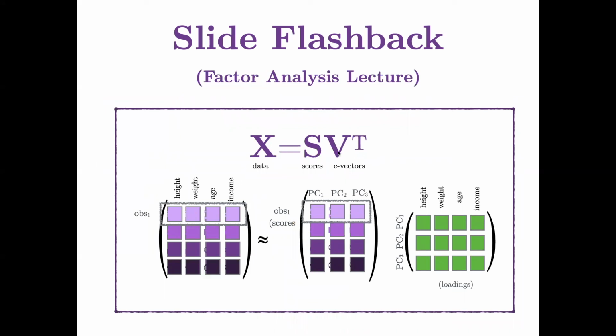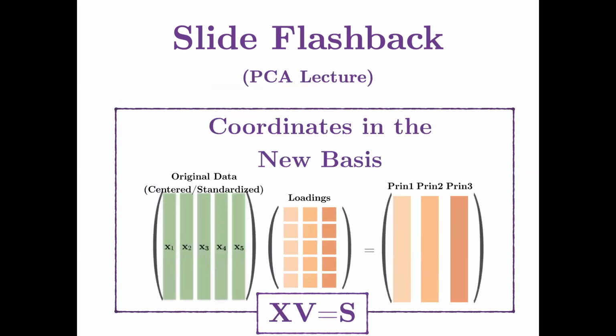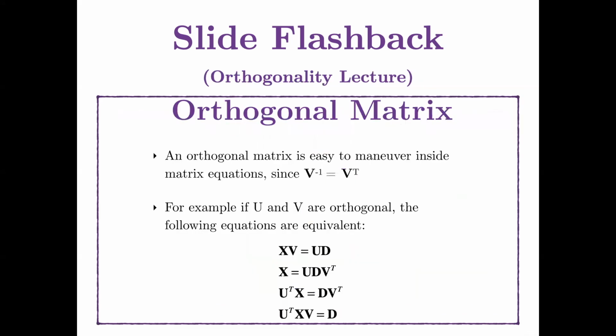V is orthogonal, so if I multiply both sides of this equation by its inverse, V transpose is orthogonal, so the inverse is V. If I multiply both sides on the right by V, I get this equation. So it all connects through the orthogonality back to the SVD.